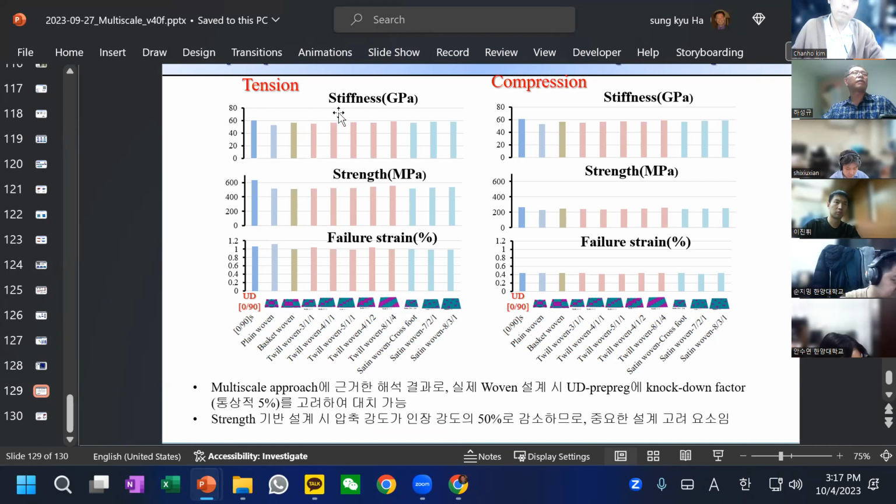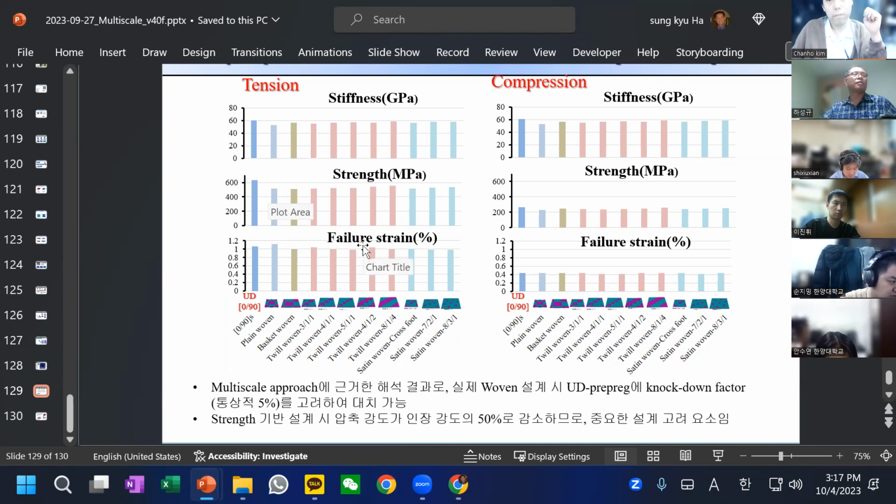Stiffness can be reduced by a certain ratio, depending on the weaving pattern or undulations, and the strength as well.